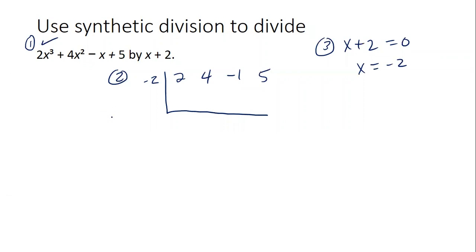Step 4 is where we're going to start the process, right? So you should diagonally multiply and vertically what? Add. So we're going to get our engines going. We bring down the 2. And here we go. -2 times 2.